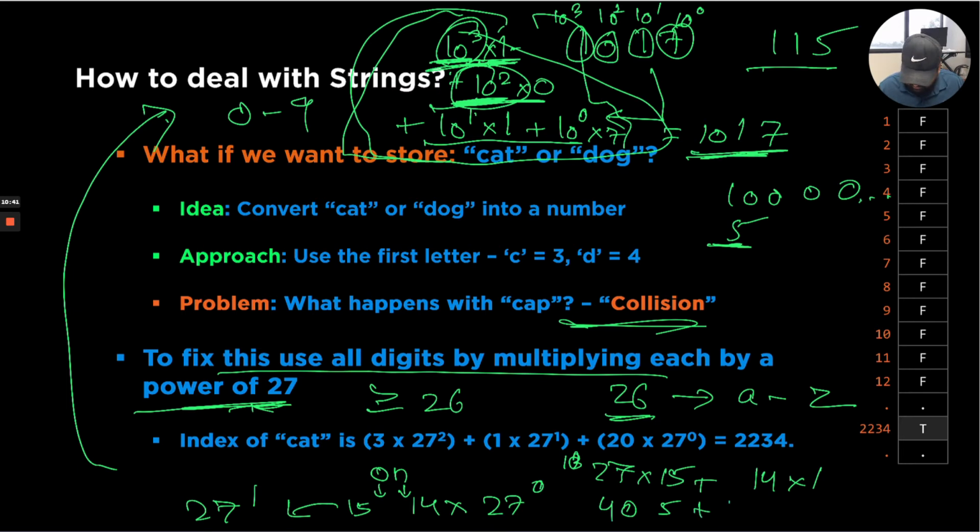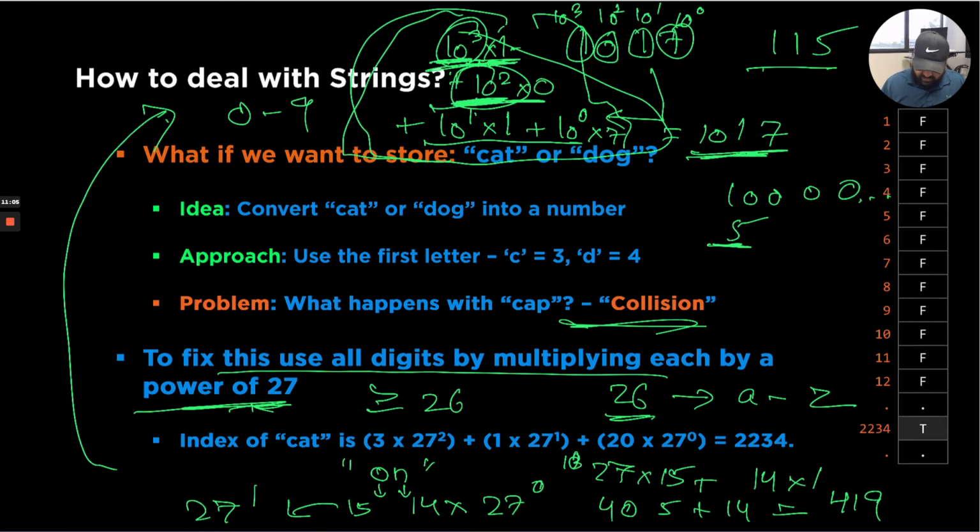So 405 plus 14, this should be 419. I'm just going to use a calculator real quick to make sure I'm multiplying these correctly. So it's 405 plus 14. Yeah. So the exact representation of our sequence of characters like "on" is going to be 419.